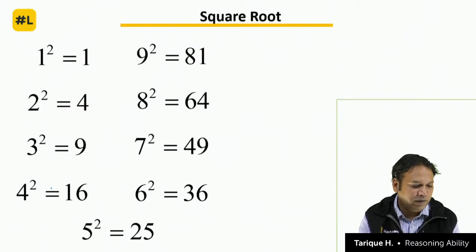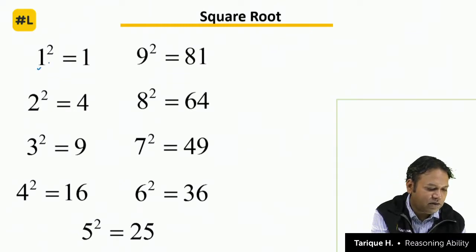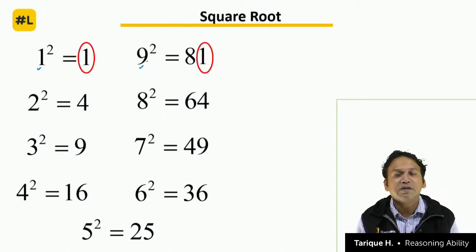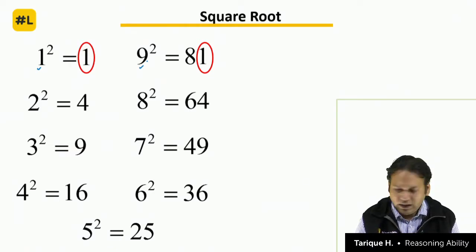Now if you look at the squares which I have put in a pair, observe 1 square and 9 square: both end in 1, clear? So the last digit of 1 square and the last digit of 9 square is 1.